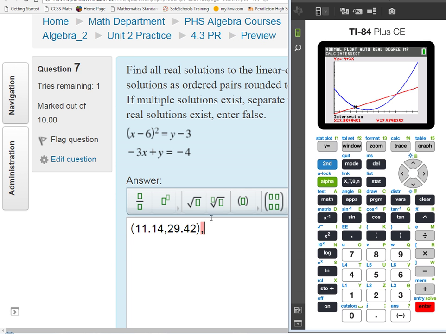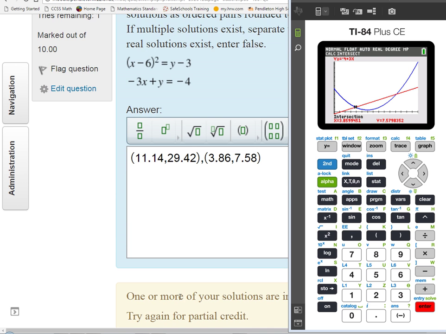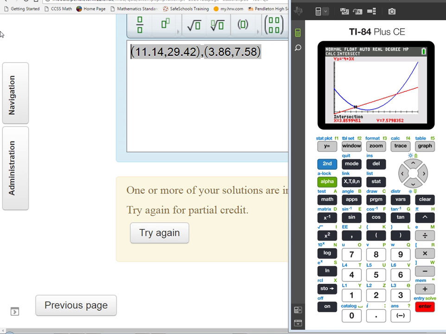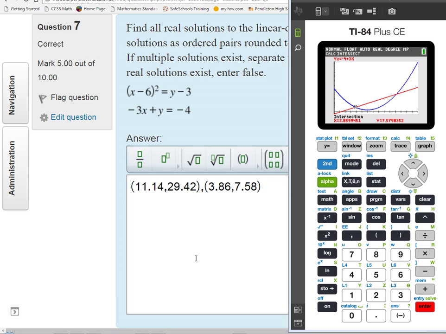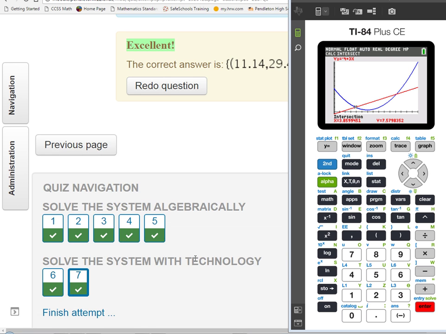Okay, and that gives me the point 3.86, rounded to two places, and 7.58. I've got to copy those. There we go. Okay, and that's it.